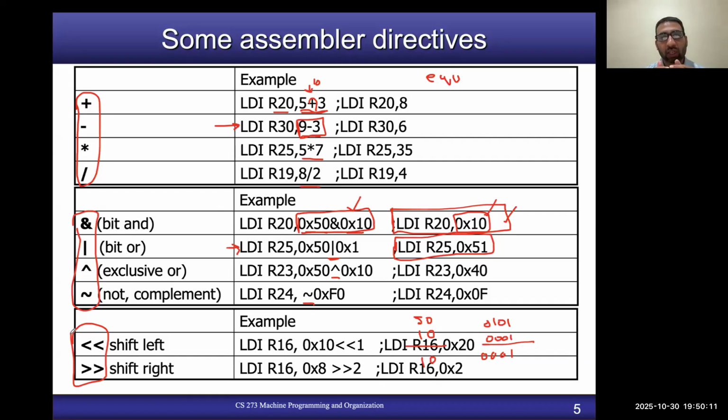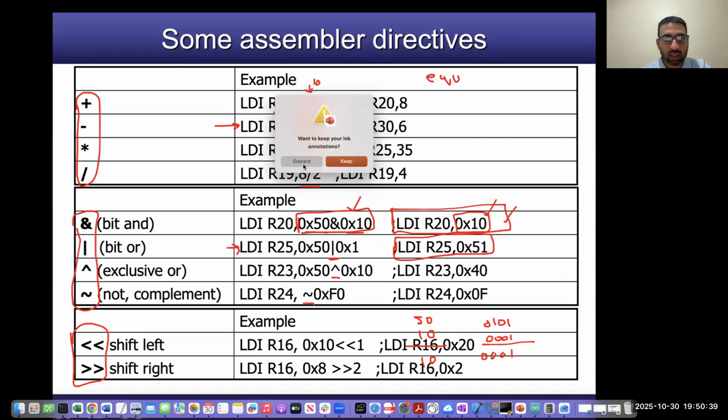For example, you can have an expression in place of an immediate number, and that expression can have all of them: addition, subtraction, multiplication, division, AND, OR, exclusive OR, NOT, shift left and shift right, all of them, right? So the assembler will get the overall result and then replace it with the equivalent instruction. Okay.